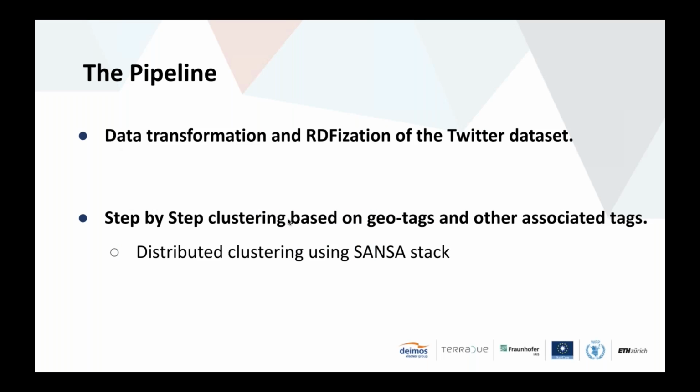We first do the data transformation and then convert it to RDF data. Then we go step-by-step through clustering based on the tags and geo tags. This clustering is done using the SANSA stack, which is distributed processing that uses Spark underneath.